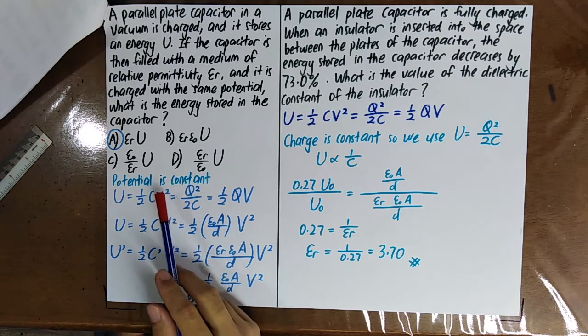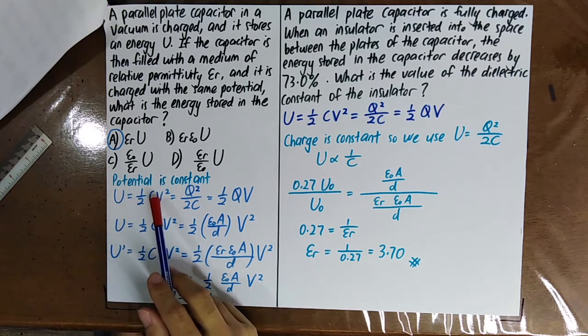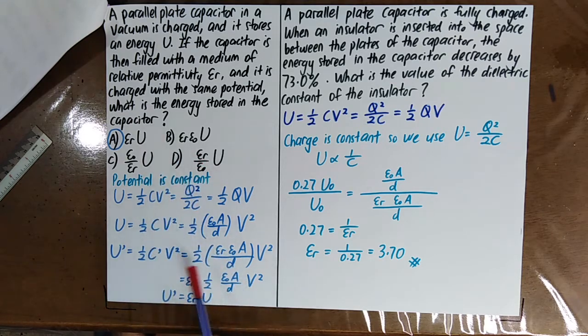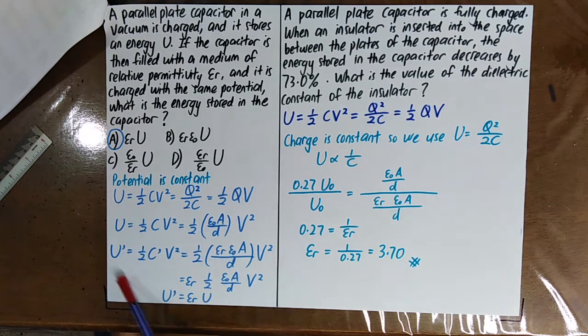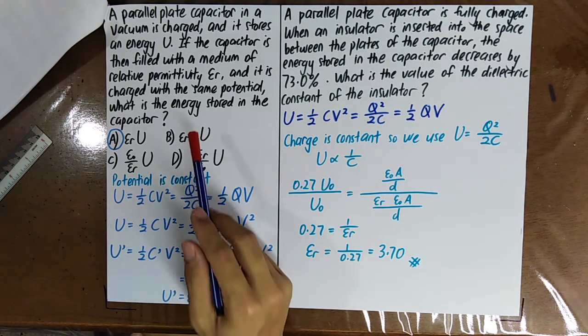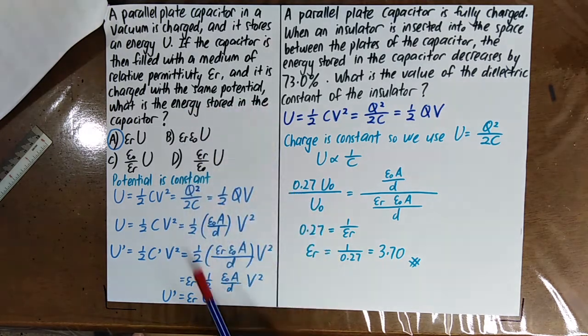Of course, it's this formula, because V is constant. You now know that C equals epsilon naught A over D when the dielectric is absent. When the dielectric is present, it is epsilon R epsilon naught A over D. So the energy stored now is equal to epsilon R times the original energy.